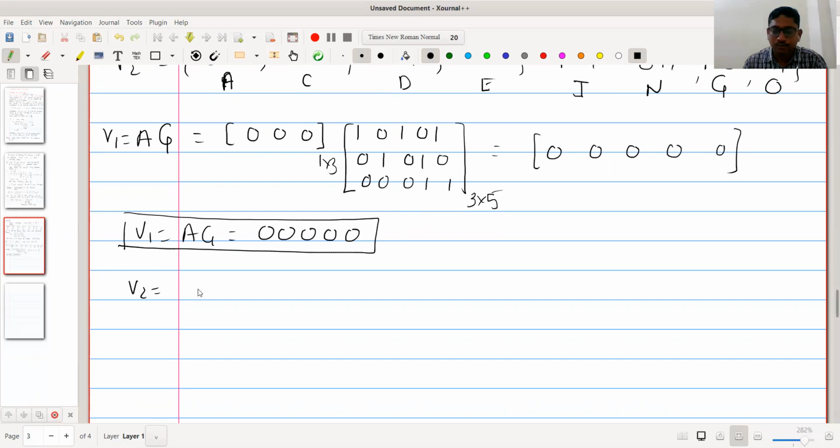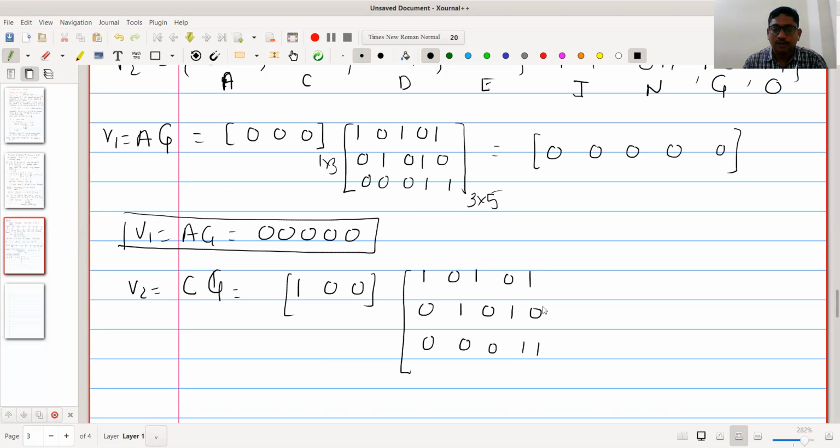Next, V2 equals CG. What is C? It is 1 0 0, and G is there. The second two digits are 0, so 1 into 1, 0 into 0, 0 into 0, so it is 1 0 1 0 1.